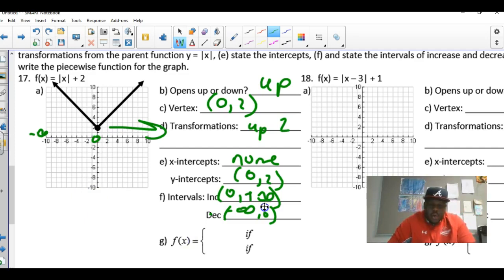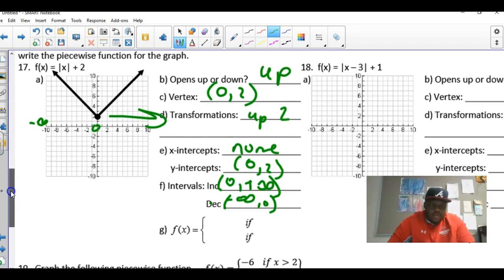So now we need to write the piecewise function. And again, guys, all you do is drop the absolute value. We're just going to solve it. So you have x plus 2, and then you have to have a negative of that. So you have negative x plus 2.